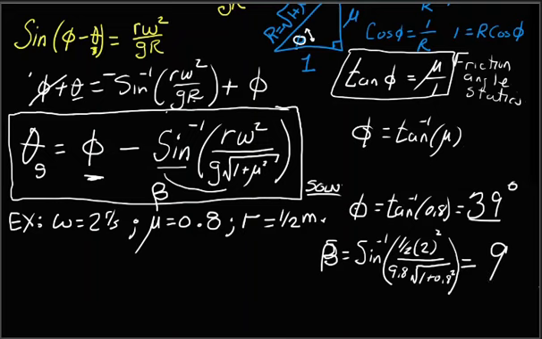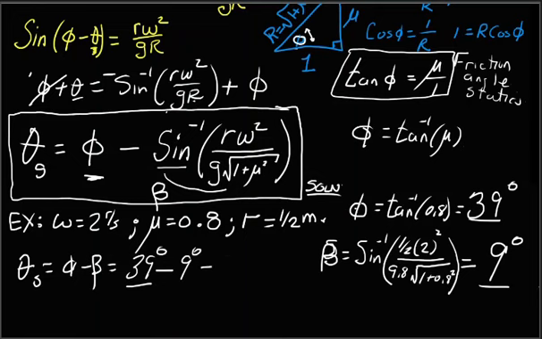And that will work out to be 9 degrees. So we find the angle where this slips will be phi minus beta, which is 39 degrees, the friction angle from statics, minus 9 degrees, the dynamic angle, which is 30 degrees. It's the angle of slip.